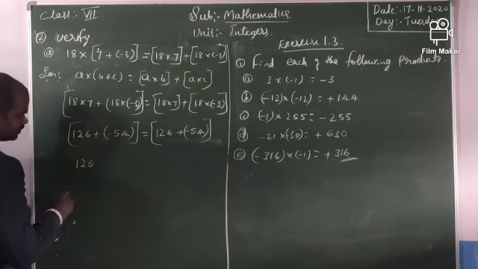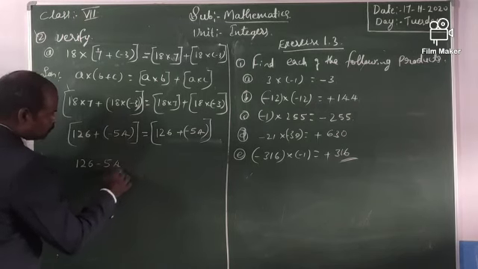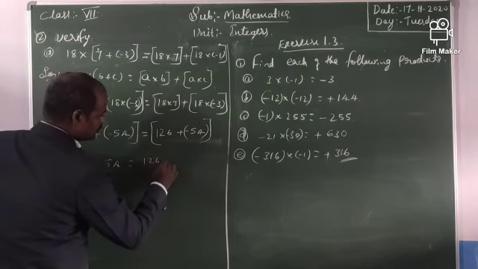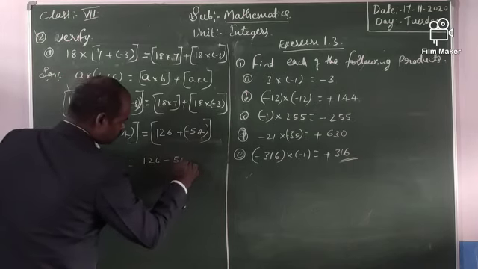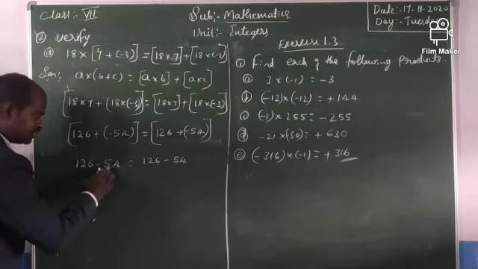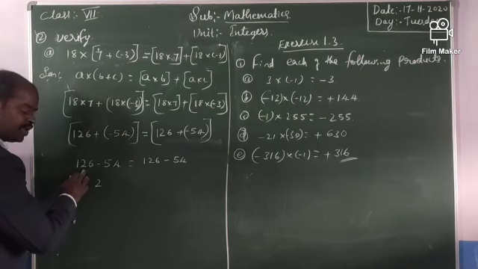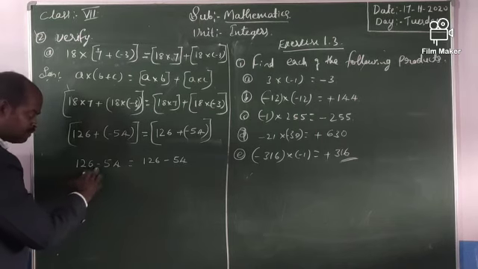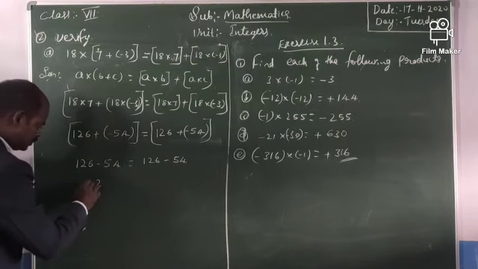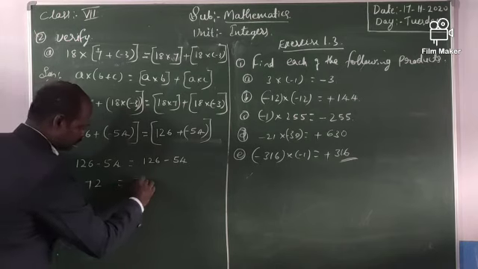Now 126, remove the brackets, plus into minus, minus 54, which is equal to 126 minus 54. See and subtract. Yes, 6 and 4, 2. Here 2 we cannot subtract from 5, so you have to take a borrow. It will become 12. 12 minus 5 is 7, which is equal to 72.